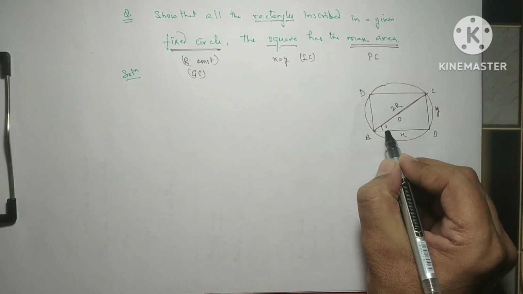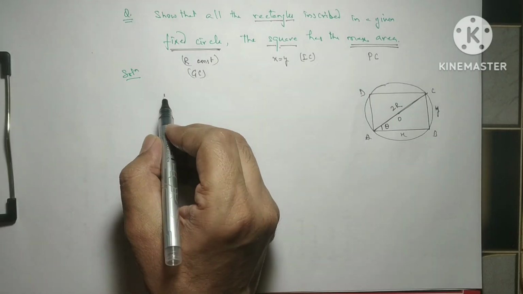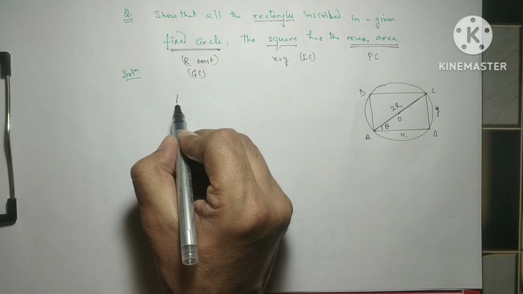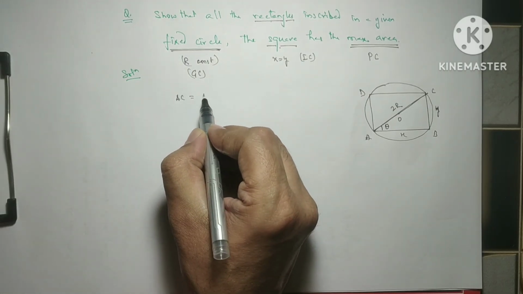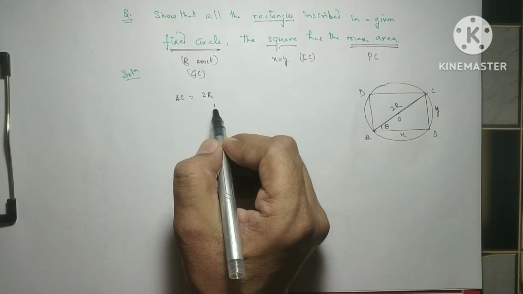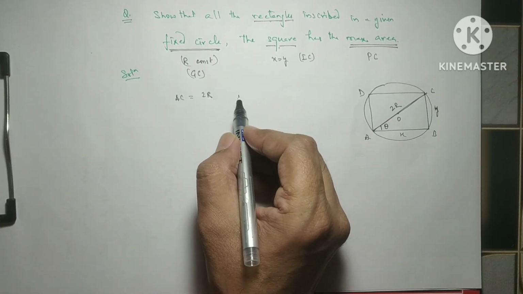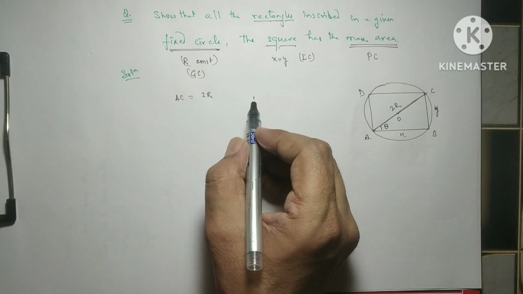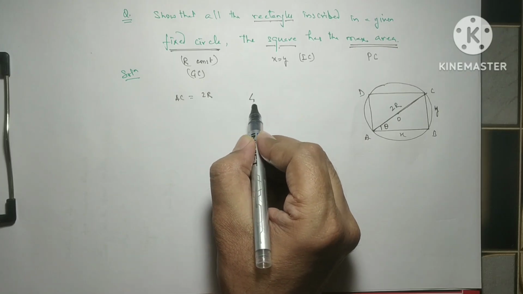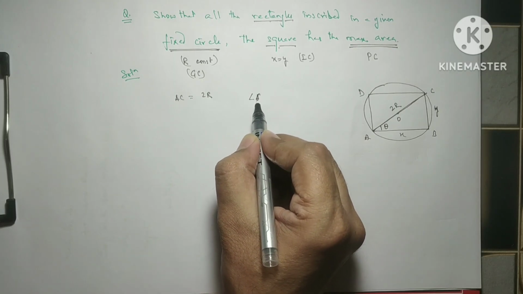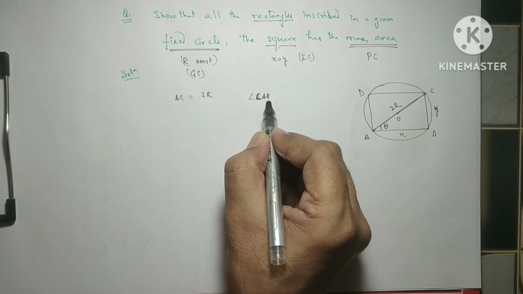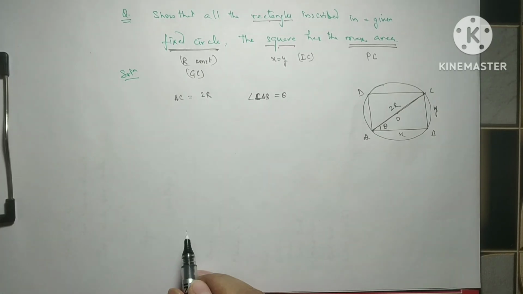Let us consider this angle to be theta. So AC is 2r, that is the diameter, r is given, and it forms angle theta with AB. Angle CAB is theta.